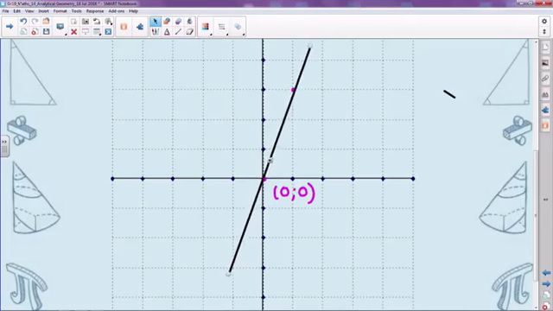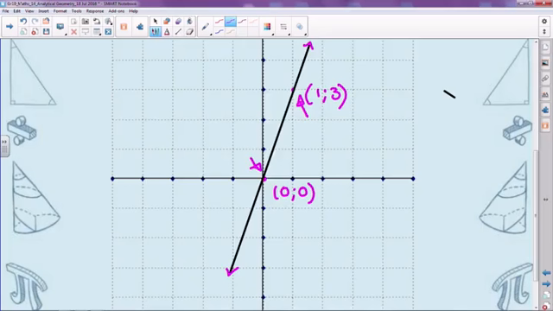You'll see that I've cut the x-axis and y-axis at 0, 0, and my other point has been 1 and 3. Okay, so there's my line. How did I plot it? Using the intercept and gradient method.